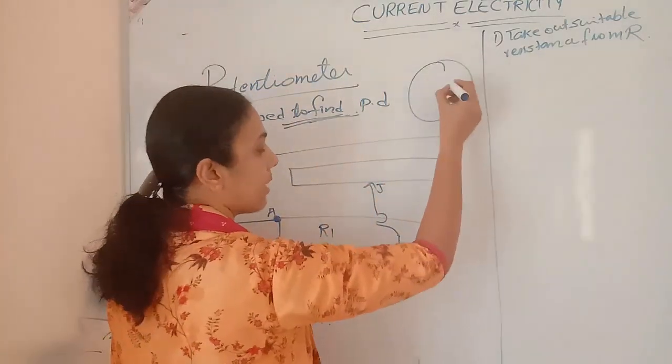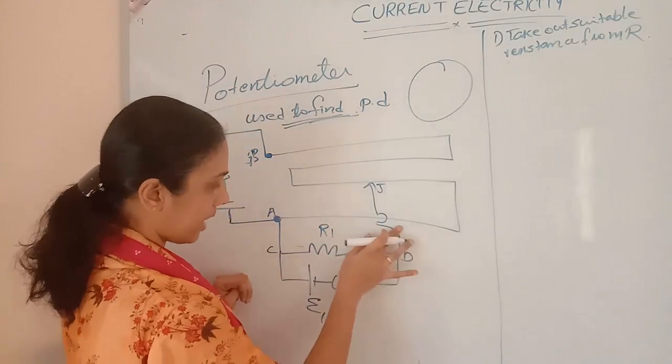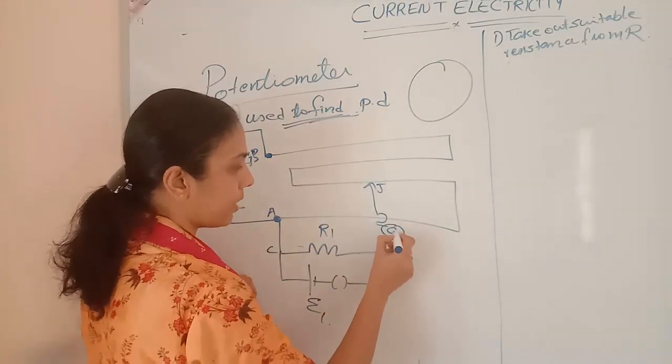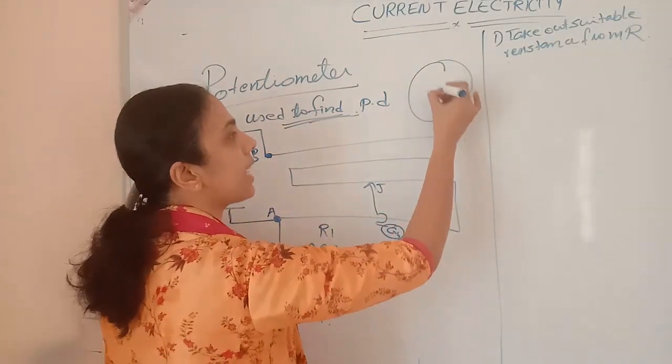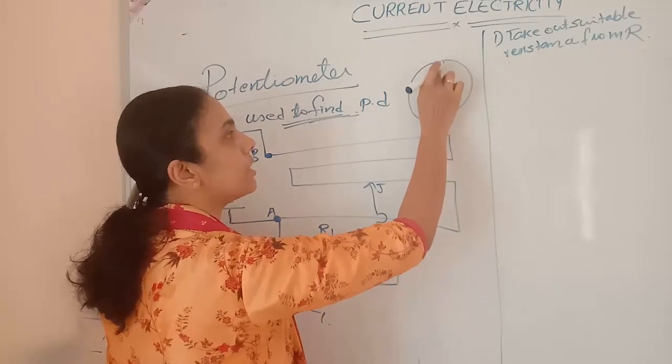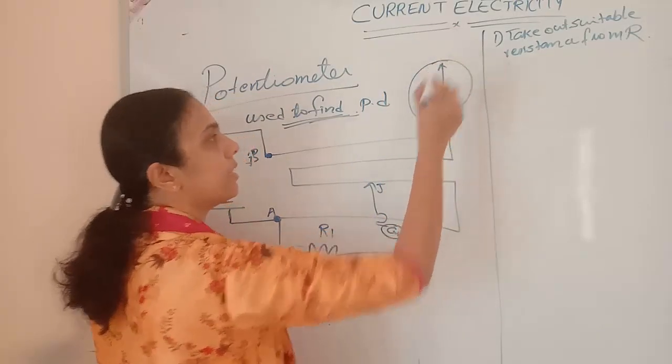Suppose this is the galvanometer, so here I didn't connect the galvanometer, right? So this is a galvanometer. Okay, if no current is there, the needle will be here in the center.